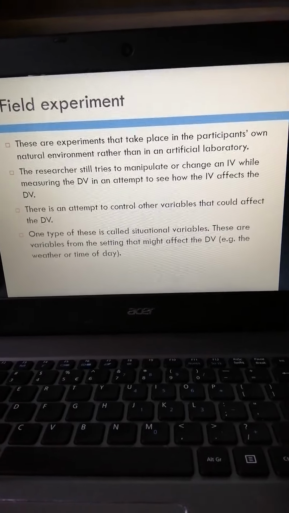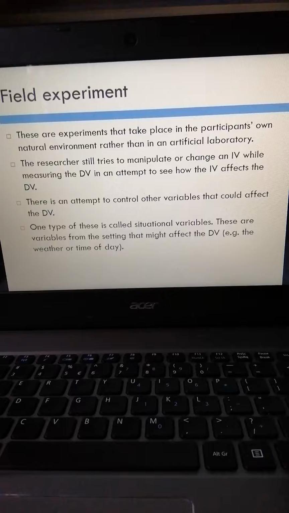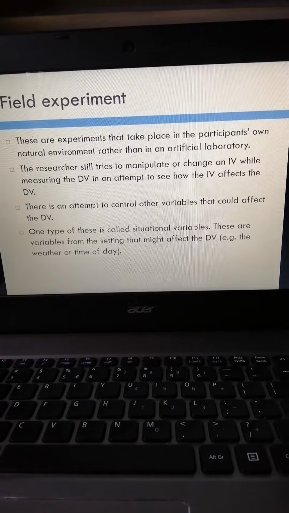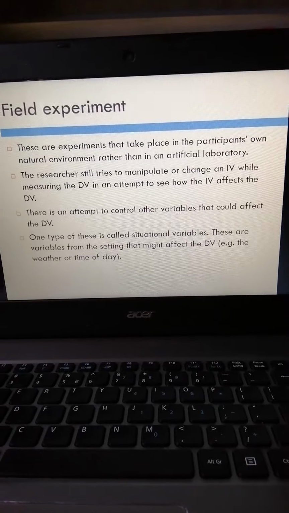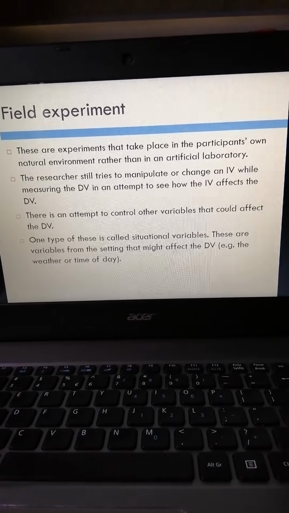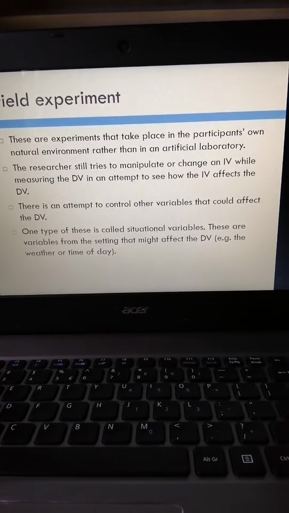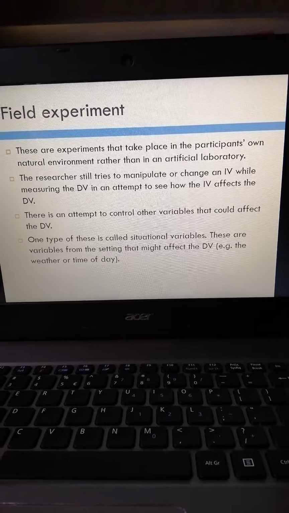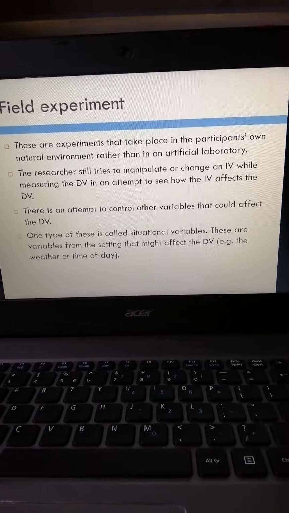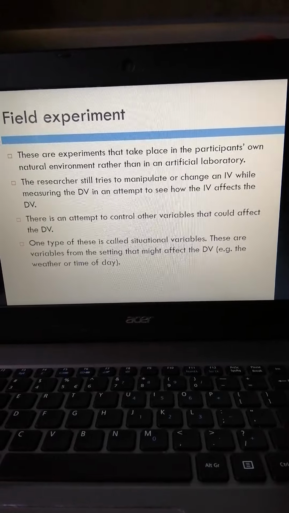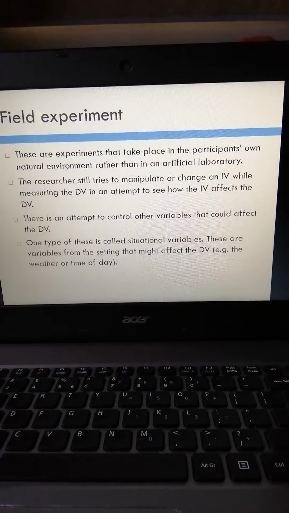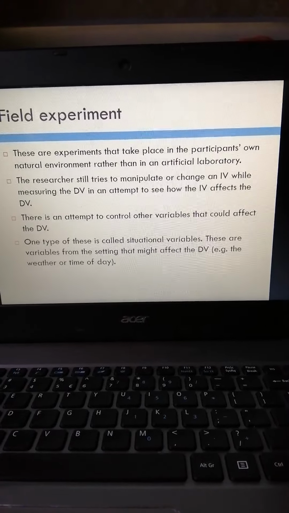Okay, and the other one is there will be an attempt to control other variables that can affect the dependent variable or the results or the findings in a study. So why is it very important to control the extraneous variables? Extraneous variables are confounding variables which can affect the results in a study. For example, the weather.